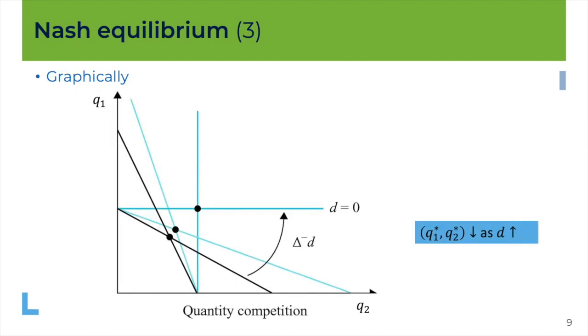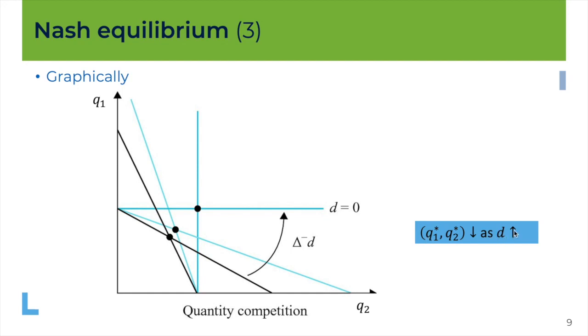Right, so this is the graphical interpretation of the equilibrium. We've just superimposed the reaction functions of the two firms. Again, we've done it for different values of D. If D decreases, we move in this way here, and you see that the equilibrium moves upward. So this is the opposite of what is said here.